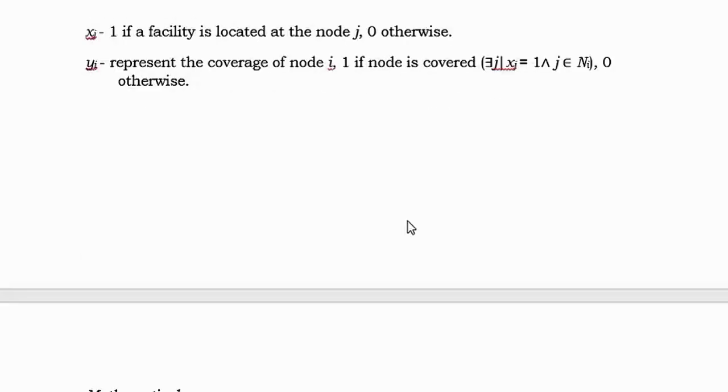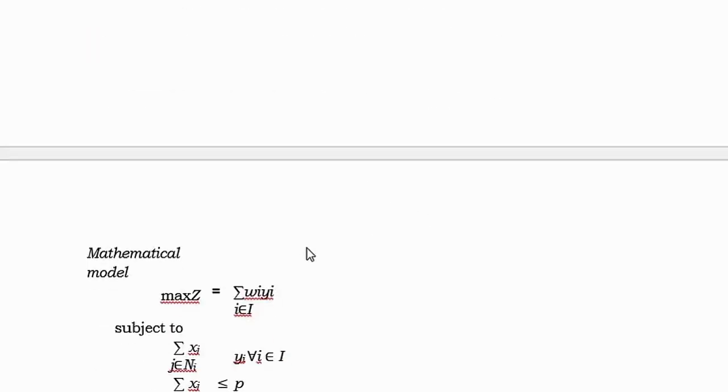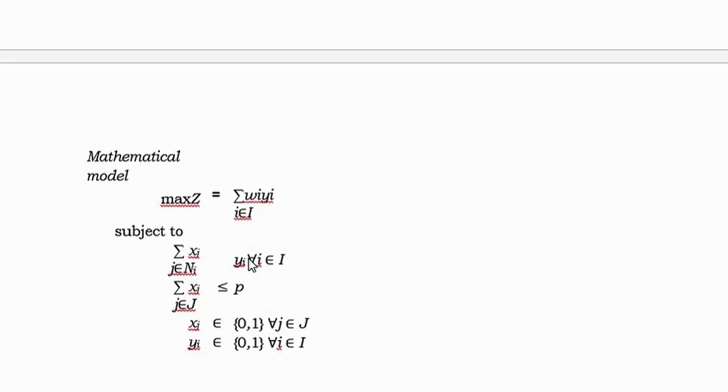So we have the mathematical model of the MCLP, or the integer linear programming formulation of the MCLP. We have an objective function to maximize.